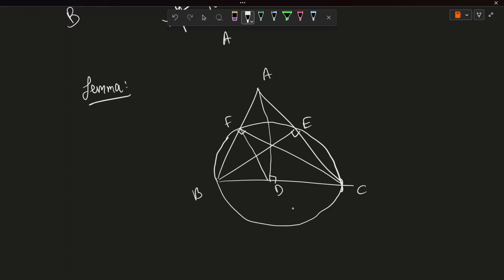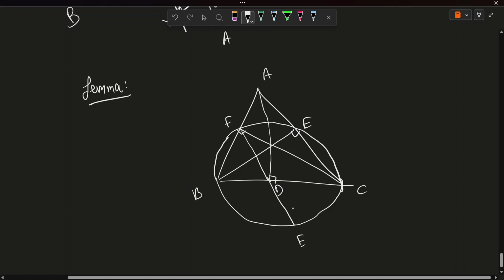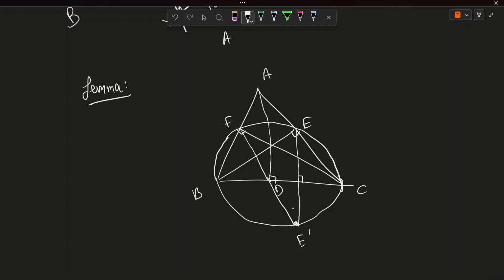I want to prove that if FD intersects the circle again at E dash, then E dash is the reflection of E over BC. What we want to prove is basically that this angle is 90 degrees.